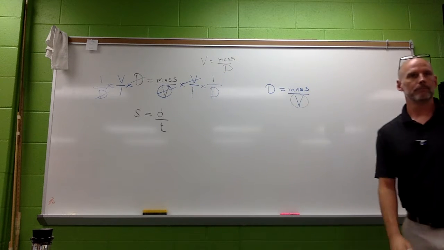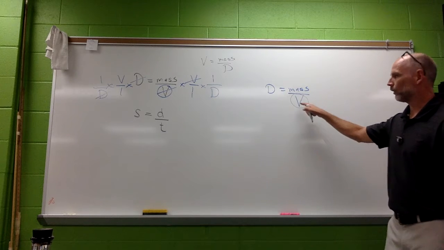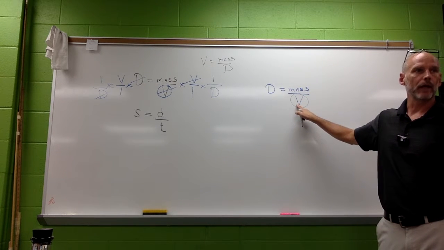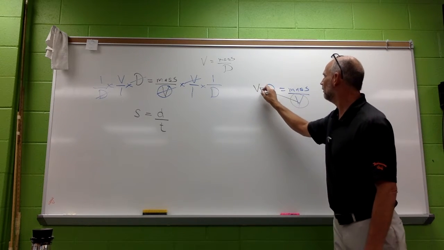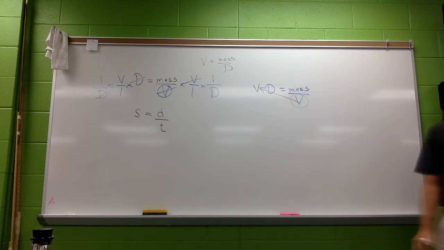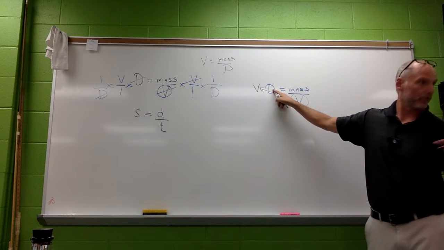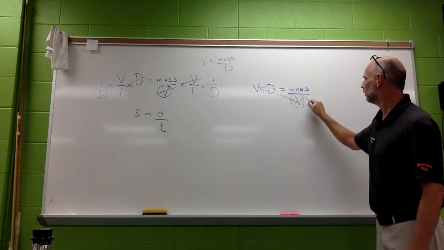Where did the volume end up? In the numerator. Put it there. Now, how did I get it there? It started off in the denominator and it ended up where? Boom. Put it there. Where did the density end up? In the denominator. It started off in the numerator, but it changed sides, right? Boom.